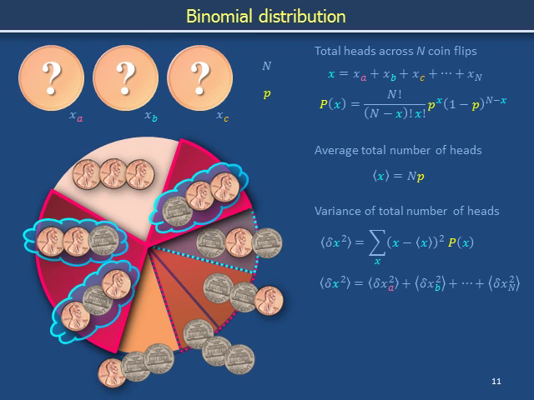Because the tosses are described by the same probability distribution and associated statistics, this corresponds to n copies of the same variance for the number of heads from an individual coin toss. In the last video, we derived that the variance for a Bernoulli trial is p times 1 minus p. Thus, the variance associated with the binomial distribution is n times p times 1 minus p.